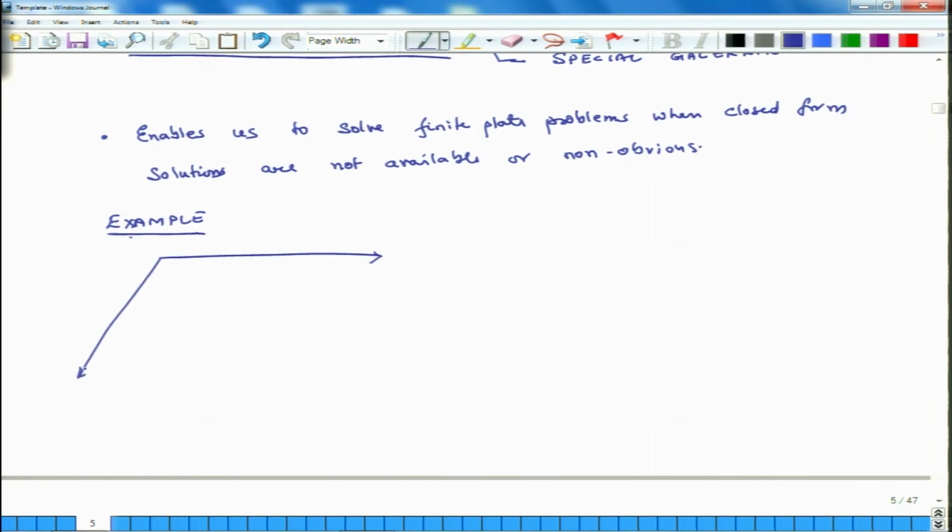So, this is a plate. This is 0, 0. This is my x axis, this is the y axis. The plate is a meters long and b meters wide, and let us say the plate is clamped on all the four edges, and this is such a plate that it is especially orthotropic.